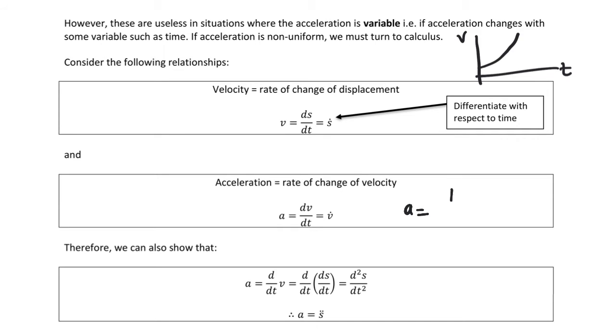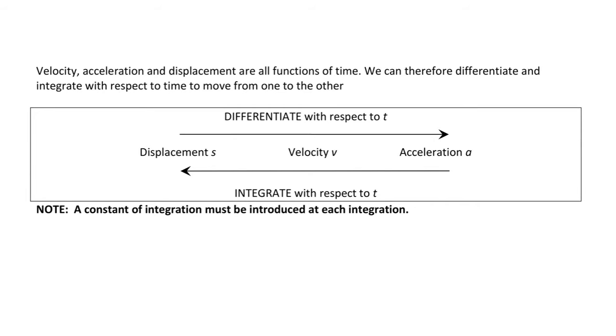Because we're differentiating velocity with respect to time, and we know that velocity is ds by dt, we could say that it's d2s by dt squared, or in fact s double dot, and that's what we can see here. So if we want to get from displacement to velocity, we differentiate, and from velocity to acceleration, we differentiate again.